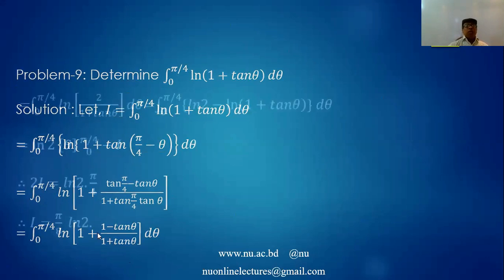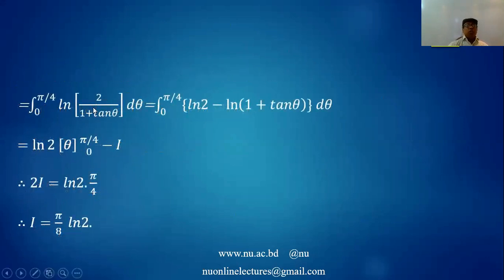So this is 2 divided by 1 plus tan theta, d theta. As we know, ln of m by n equals ln m minus ln n. So this formula is used here: ln 2 minus ln(1 plus tan theta), d theta.